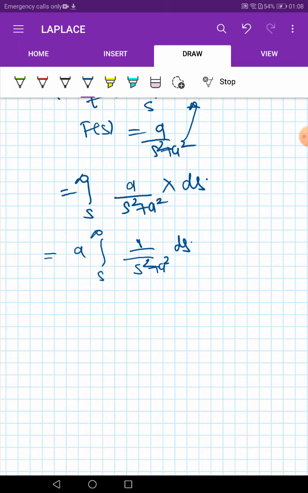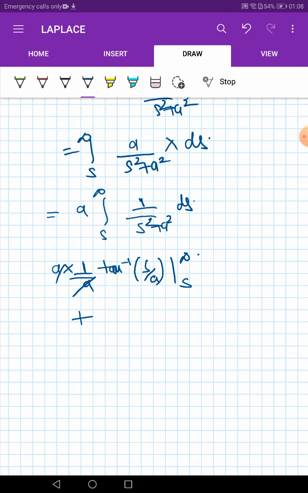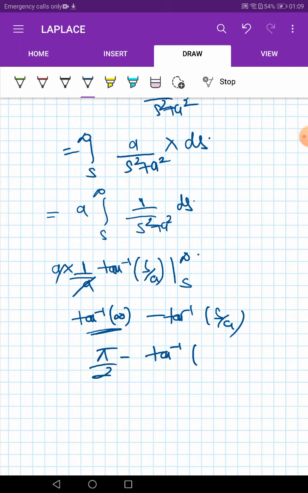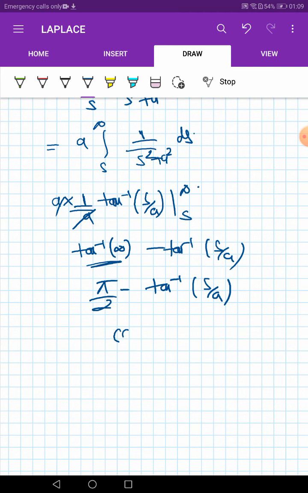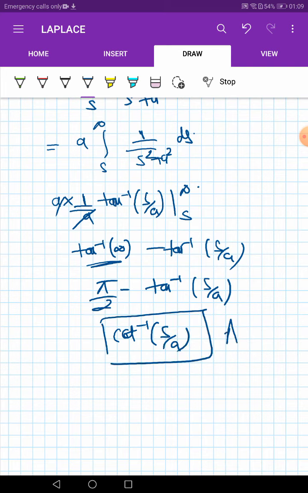So it is a into 1 by a tan inverse s by a, and your limit is from s to infinity. So a will get cancelled, we'll get tan inverse infinity minus tan inverse s by a. Tan inverse infinity is pi by 2, so pi by 2 minus tan inverse s by a. So pi by 2 minus tan inverse s by a is cot inverse s by a. So this is our answer, cot inverse s by a.